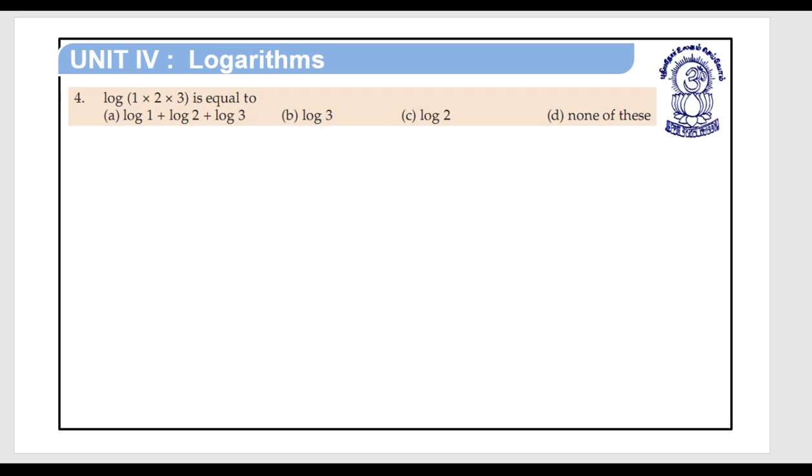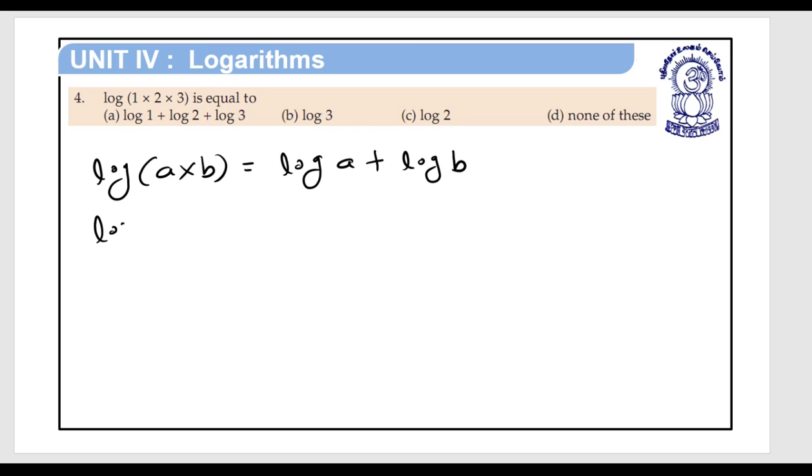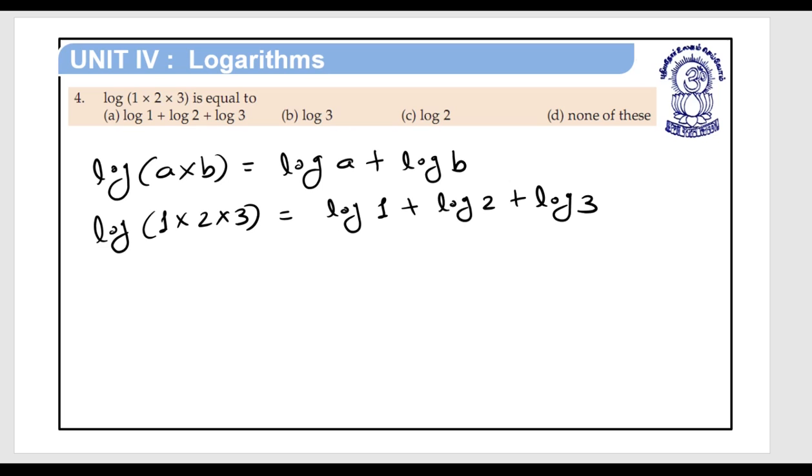Log A multiplied with B can be written as log A plus log B. Here 3 values are given, so log 1 into 2 into 3 is equal to log 1 plus log 2 plus log 3. So the answer is A.